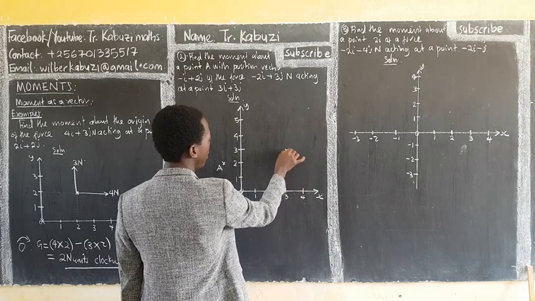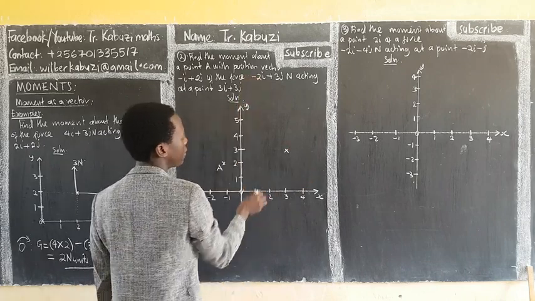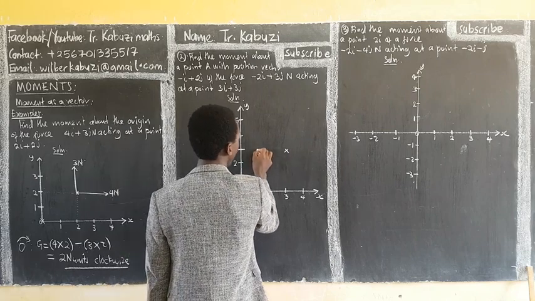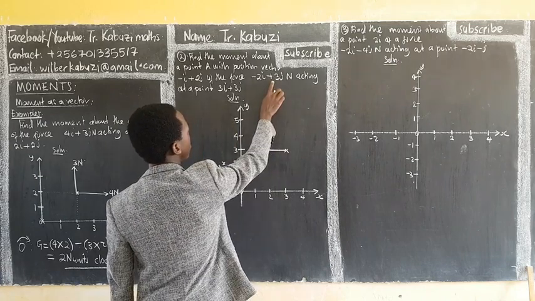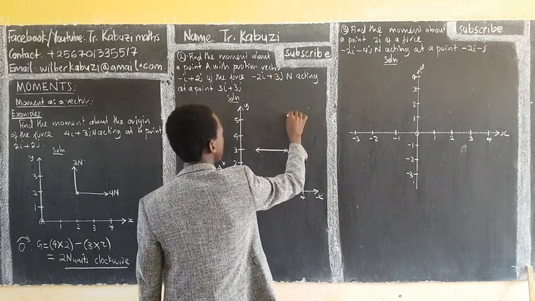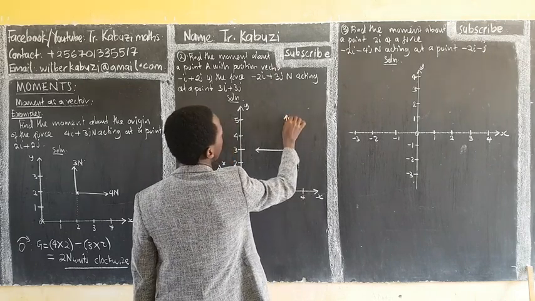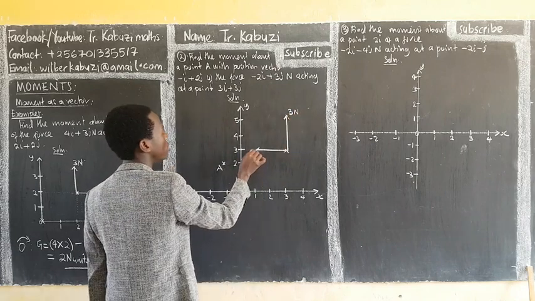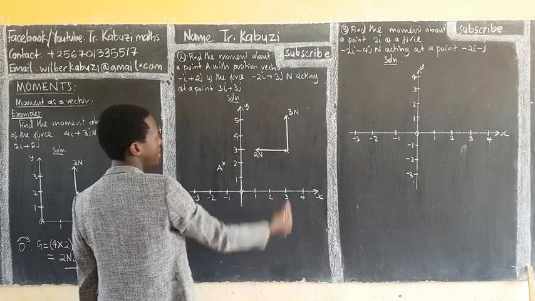That's where our 3, 3 is. Now this force, the horizontal is negative, meaning it's going to come to the negative side. Then the vertical is positive. So this is going to be 3 newtons. This is going to be 2 newtons. Don't put negative because this is showing that it's negative.